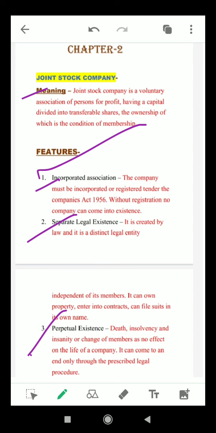So the continuity of the company is not affected by death or lunacy or insolvency of its shareholders. The company can be wound up only by the operation of law, and the shareholders of the company may change any number of times, but the continuity of the company is not affected at all.